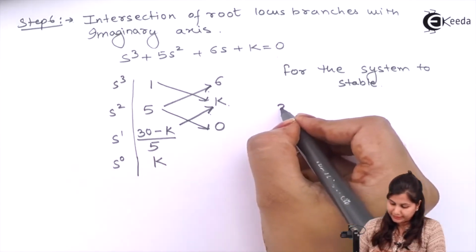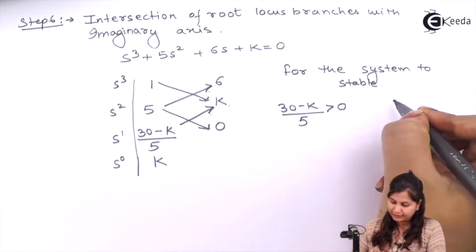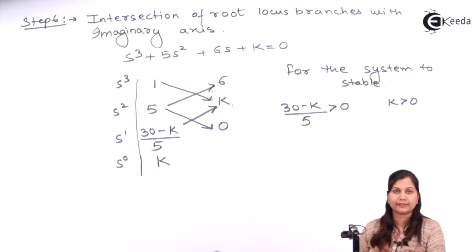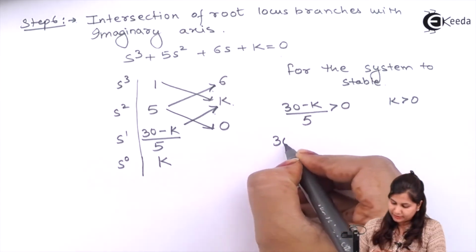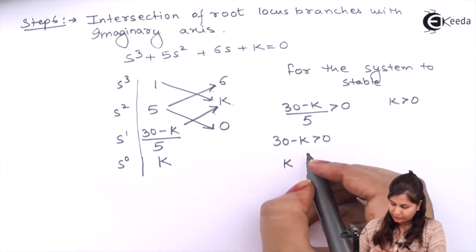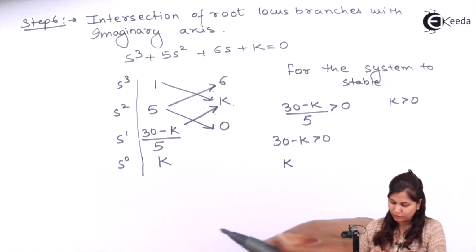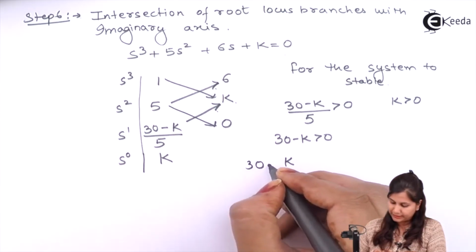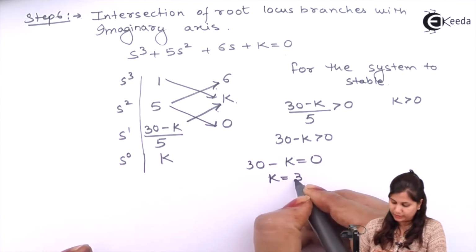So (30 minus k) upon 5 should be greater than 0, and k should be greater than 0. So from here, 30 minus k should be greater than or equal to 0, and k should be greater than or equal to 0. So 30 minus k should be 0, that is, k equals 30.